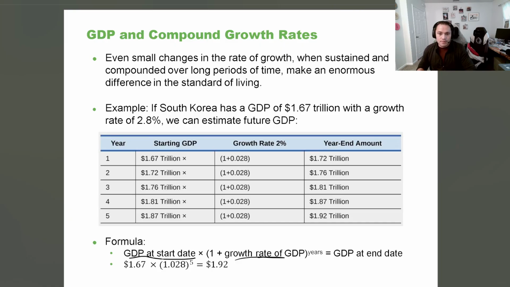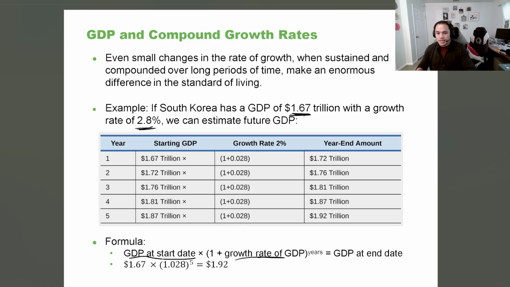And so what we're looking at here in this example, you have your country, South Korea, with a starting GDP of 1.67 trillion. So just in the question, that is our starting GDP. And here is our growth rate at 2.8%.